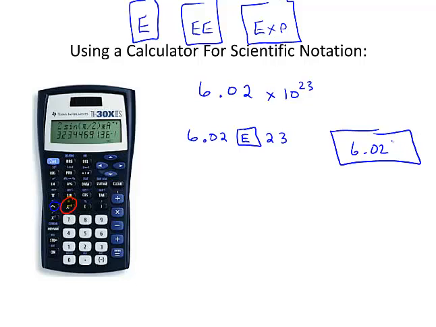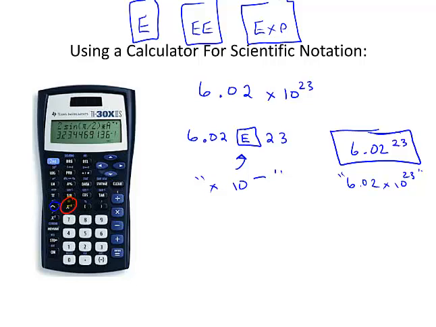6.02, and then I'm going to see a superscripted 23rd. This means 6.02 times 10 to the 23rd. Now, that's not how we would write it in everyday writing, but in a calculator panel, this is how it's going to show up. The important thing to catch here is that the E button means times 10 to the power.